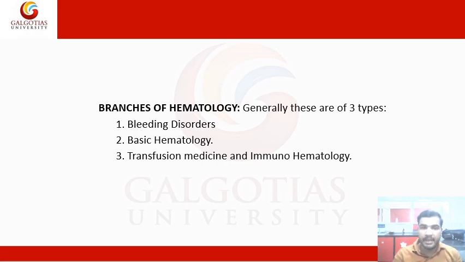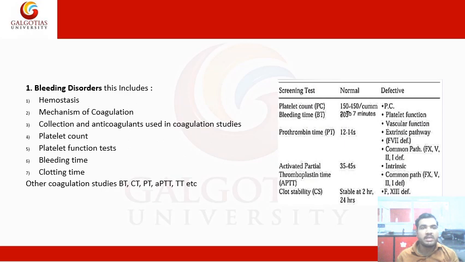Now, as discussed in the previous slide about bleeding disorders, here it is mentioned what they include. Bleeding disorders include hemostasis, the mechanism of coagulation of the blood, collection and anticoagulants used in coagulation studies, the platelet count, the platelet function test, bleeding time, clotting time, and other coagulation studies such as prothrombin time (PT), APTT, and TT.